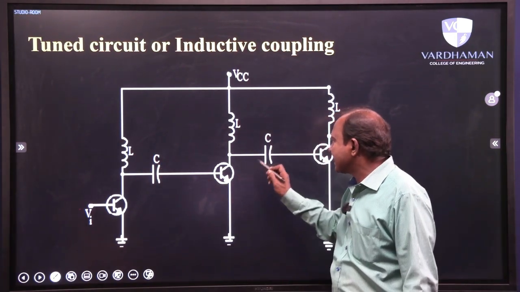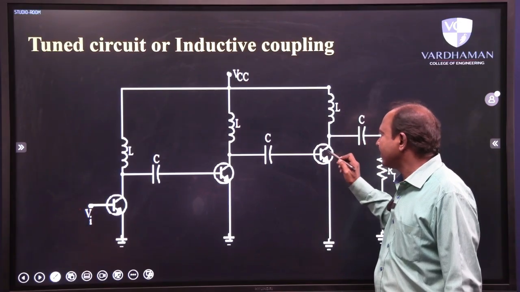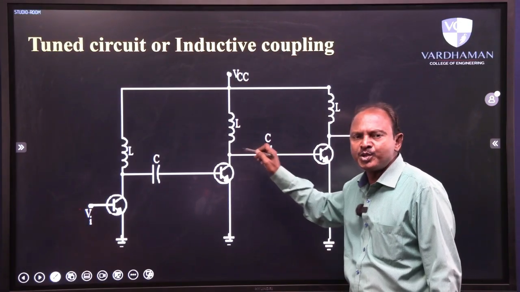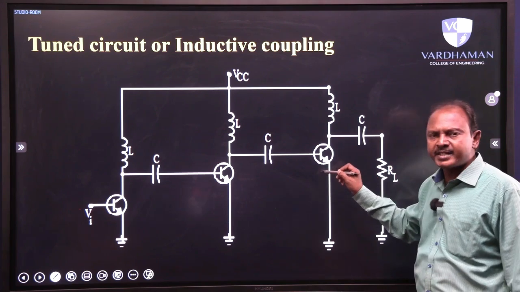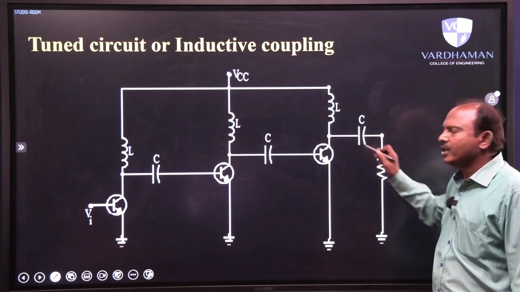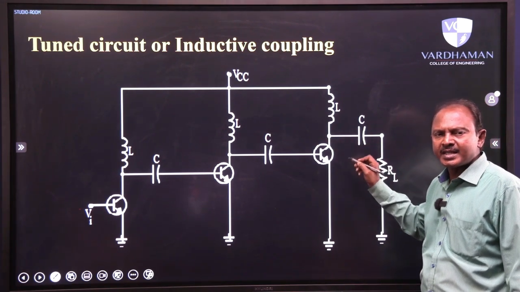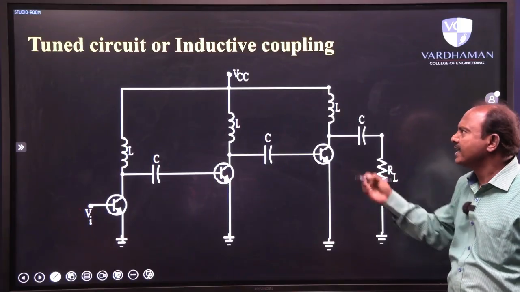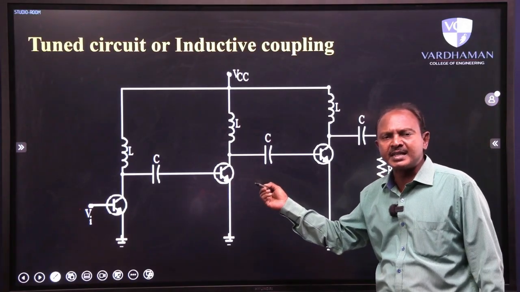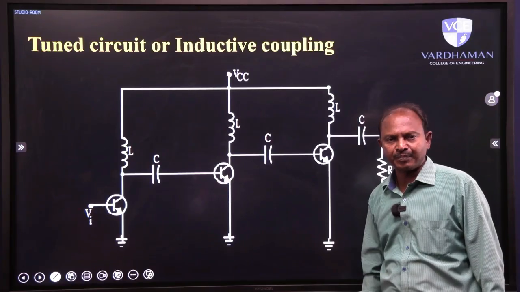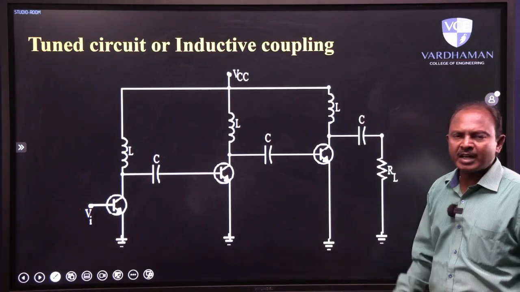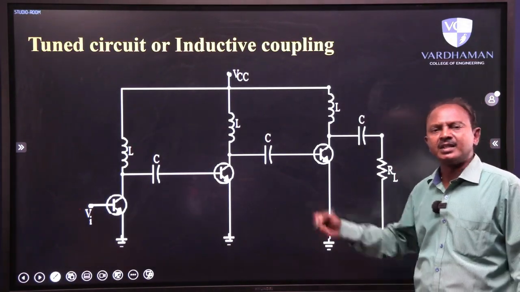The output of the second stage is coupled to the input of the third stage via an LC tuned circuit or tank circuit, and the output of the third stage is coupled to the load via an LC tuned circuit or tank circuit, and so on. That is why this type of coupling scheme is popularly called tuned circuit coupling or inductive coupling. Now let us look into the advantages and disadvantages of this coupling scheme.